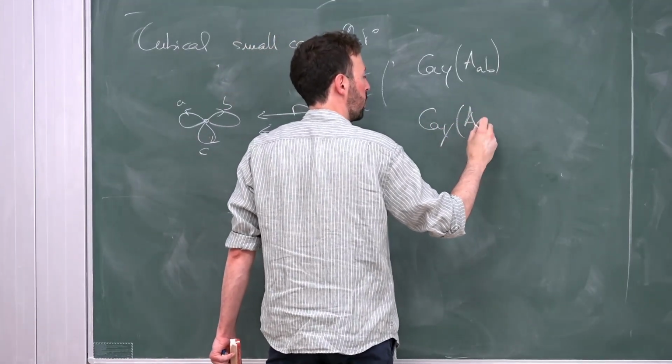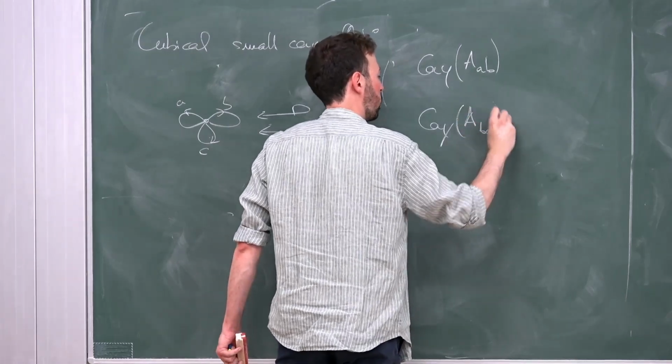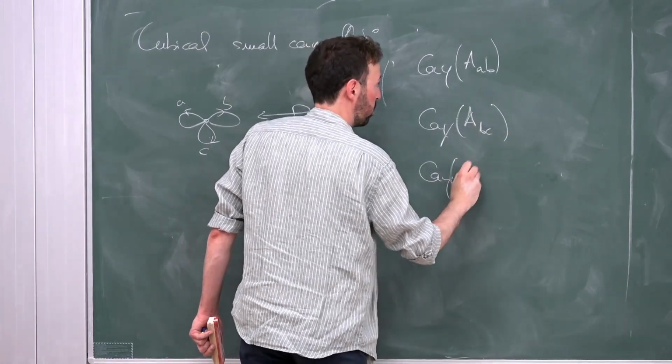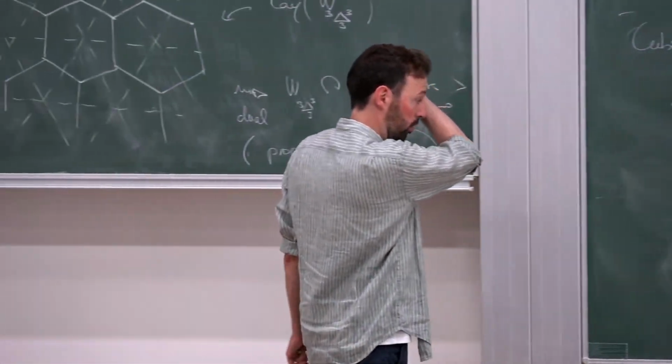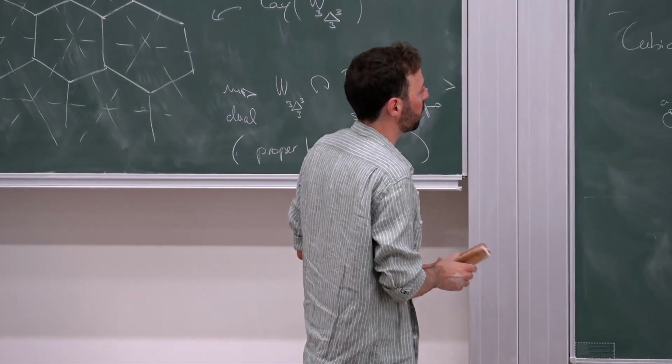And these are these kind of blocks that have small overlaps and allow us to do some sort of small cancellation geometry.